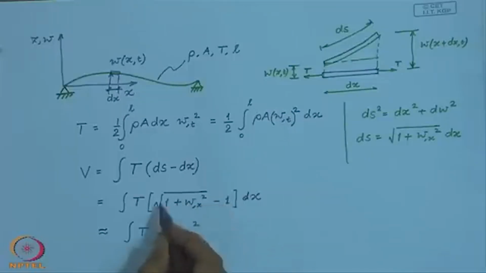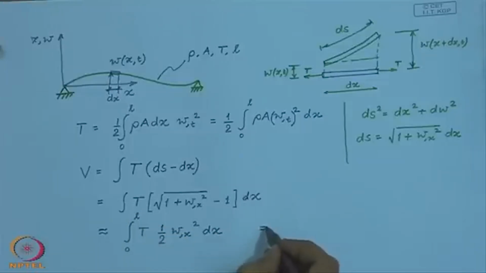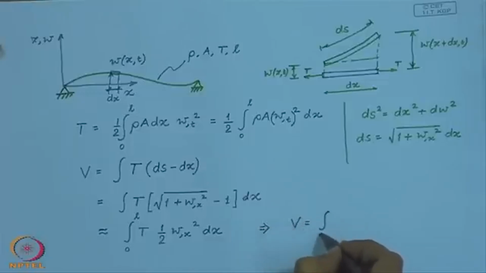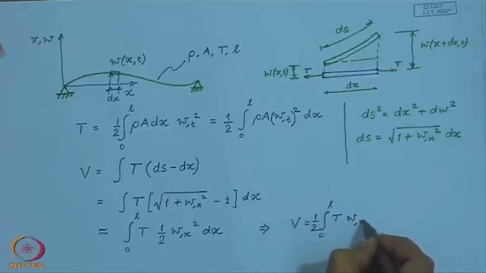So, that 1 cancels off. So, here I am left with only this term. So, that is my expression of potential energy of the string.